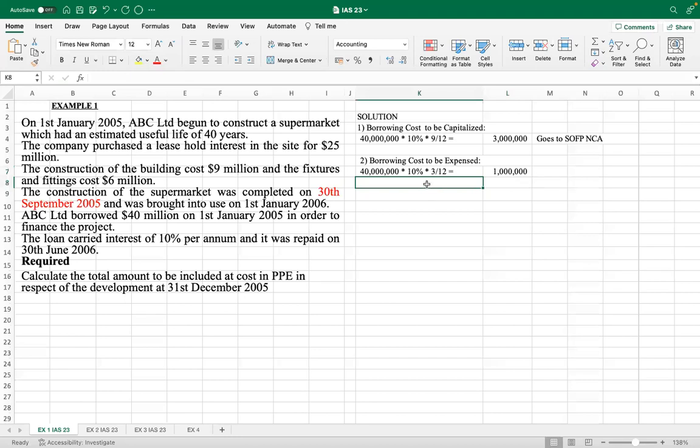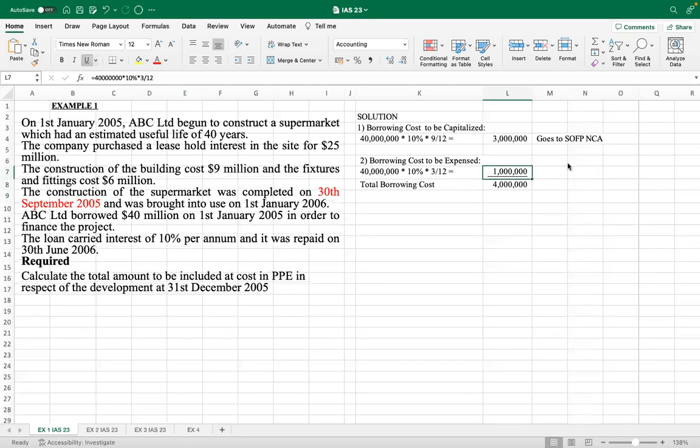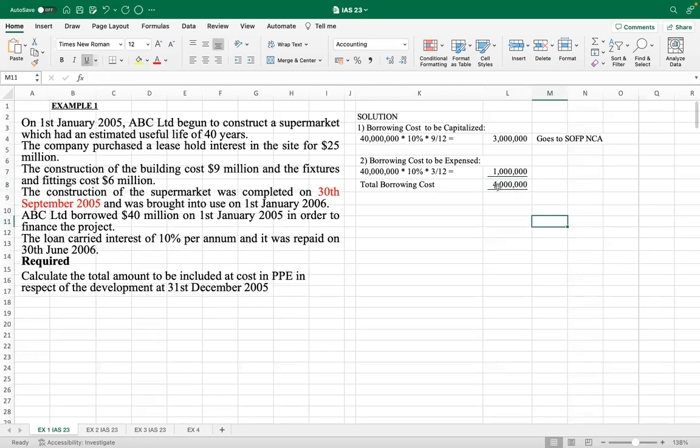But we have not been asked, but we can be asked, what is the total borrowing costs? In other words, what is the total interest? The total borrowing cost is equal to the 3 million plus the 1 million. So the total borrowing cost, in other words, the total interest, is 4 million.